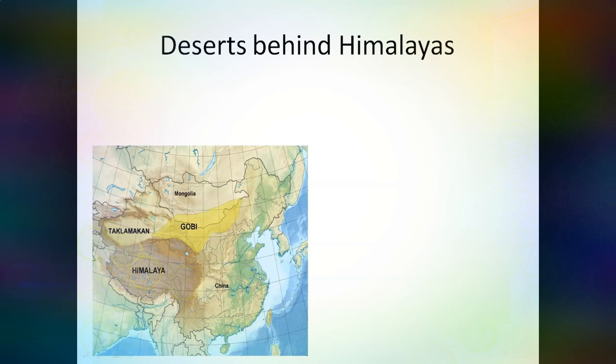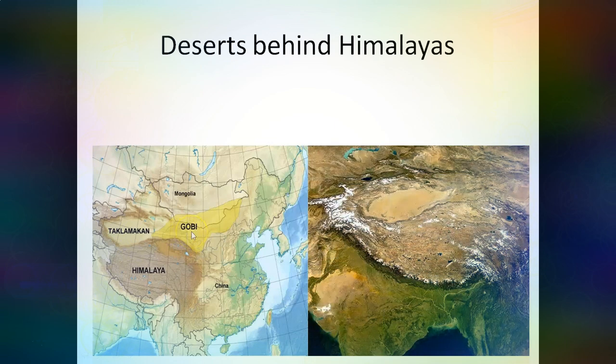So we can see that beyond the Himalayas, behind the Himalayas, two very big deserts are present: the Taklamakan Desert and the Gobi Desert. So here again we can see this is the Taklamakan Desert and this is the Gobi Desert, and this is all Himalaya, the Himalayan mountains.